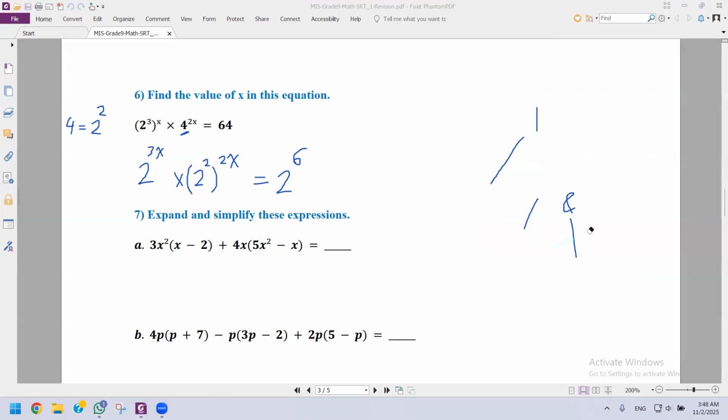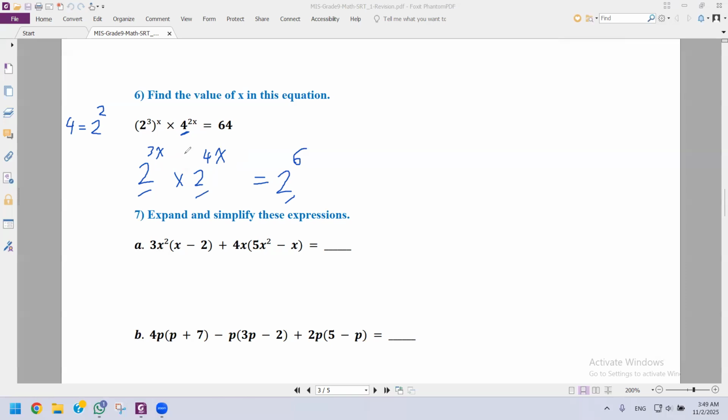Okay. Now let me simplify this one, 2 power 2, power 2x. What is it? 2 times 2x is 4x. So it will be 2 to the power of 4x. Now, did I make all the bases similar? Yes.